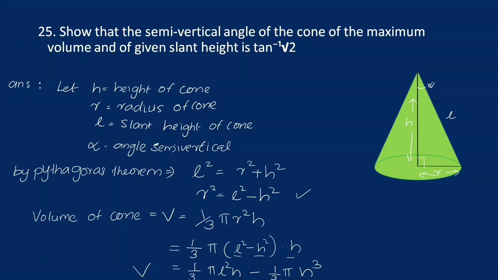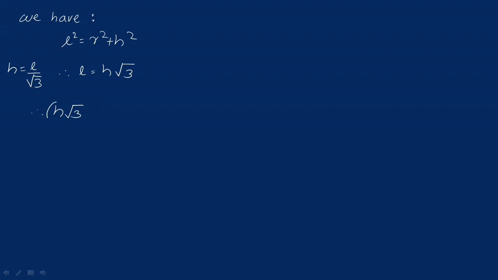From the question, it says the semi-vertical angle of the cone of maximum volume and given slant height is tan inverse root 2. This is what we want to show. So we have the equation L square is equal to R square plus H square. Now we have H equal to L by root 3, so L is equal to root 3 times H. Substituting that, L square, that is root 3 H whole square, is equal to R square plus H square.